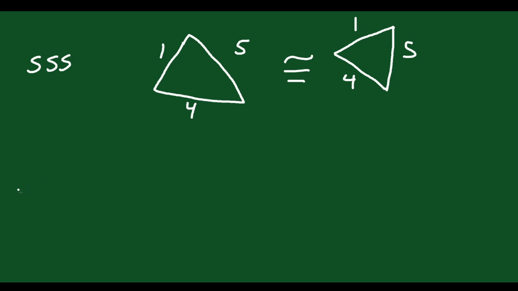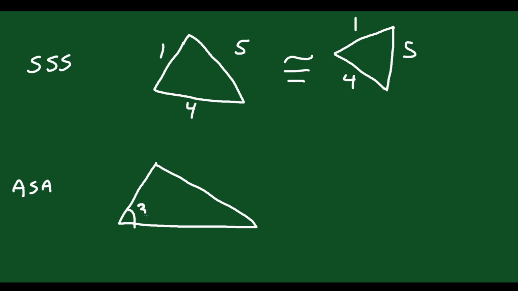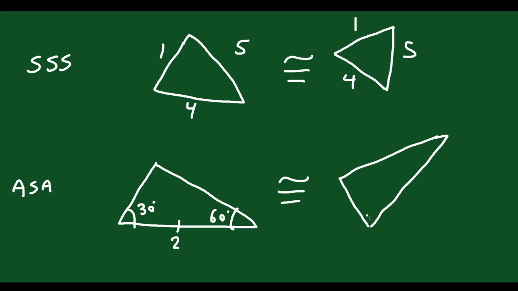The next method is ASA, angle side angle. So if you have a triangle like this, where you have, say, this angle here we'll call 30 degrees, this length is 2, and this angle is 60 degrees. So angle side angle. That is congruent to, let's say, a triangle that looks something like this, where this is 30 degrees, this length is 2, and this is 60 degrees, right?